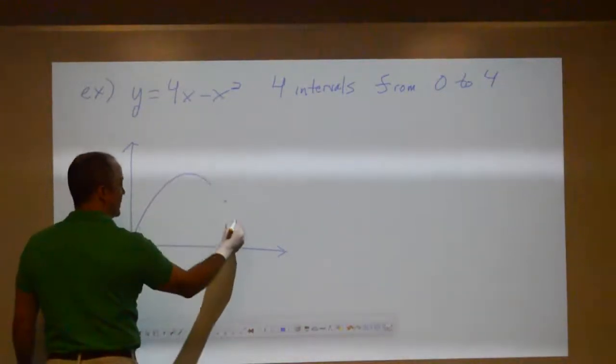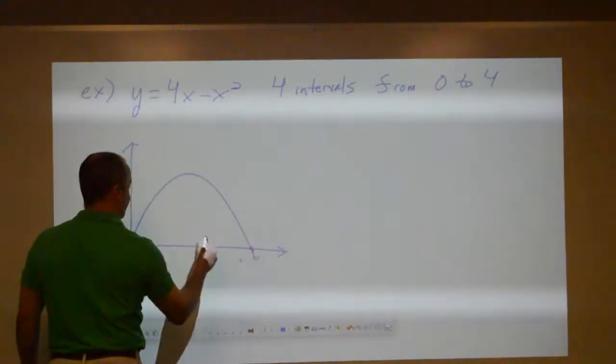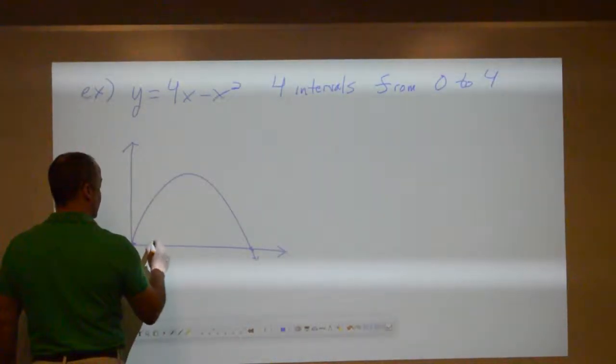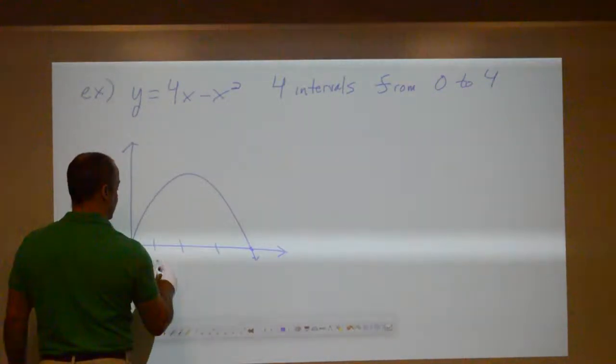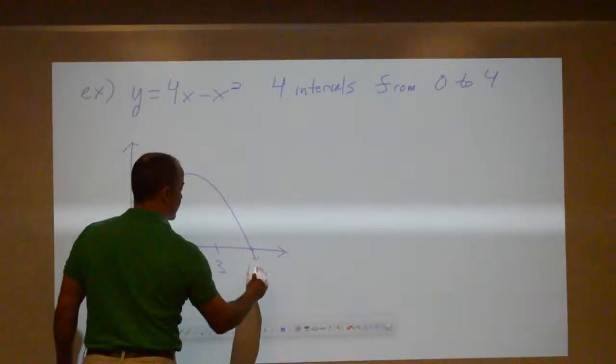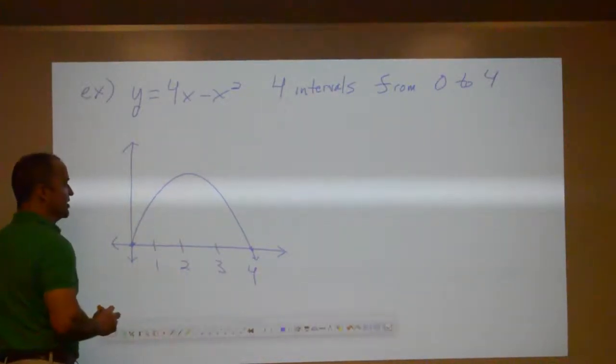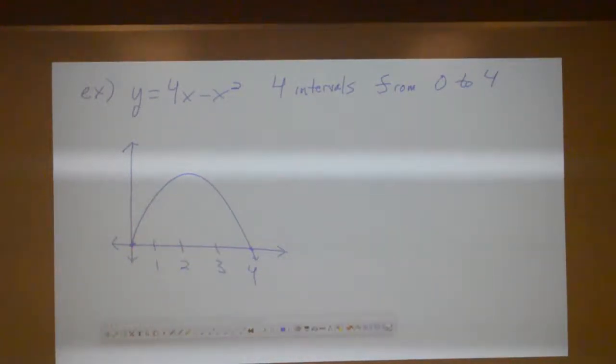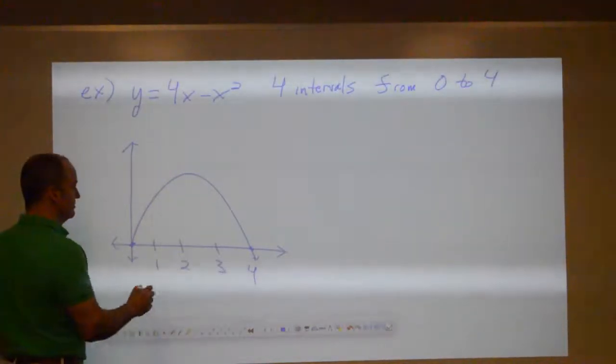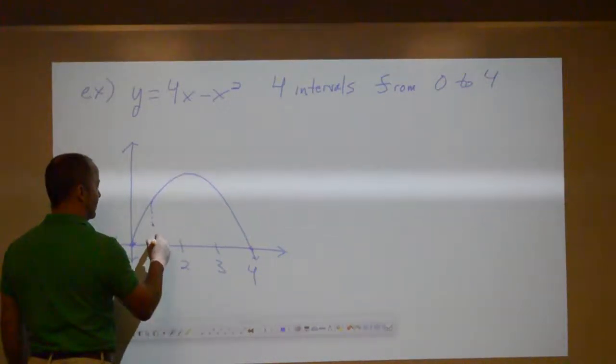This one looks something like that. You might remember from Monday. Intervals are going to be fairly simple. If I say 4 intervals on this one, what's my delta x going to be? 1. Very good.